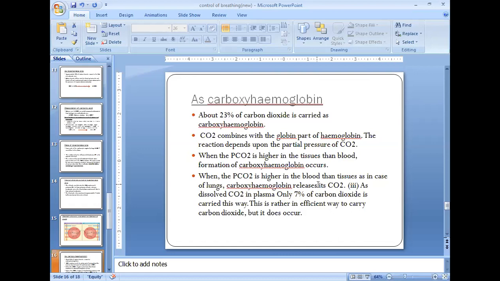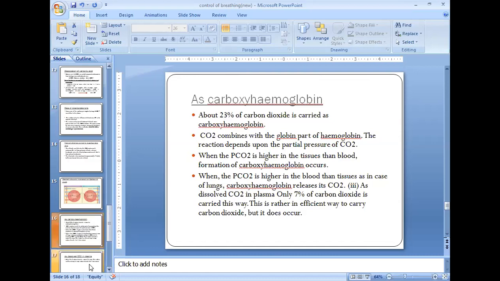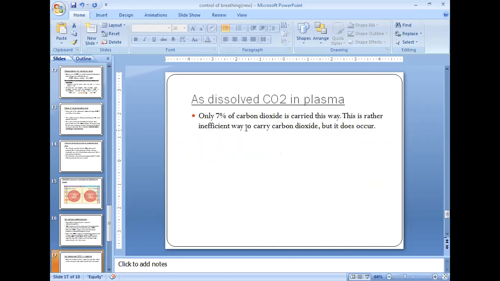But when carbon dioxide level is higher in the tissues than blood, then formation of carboxyhemoglobin occurs. Next is dissolved plasma; only 7% of carbon dioxide is carried in this way. This is a rather inefficient way to carry carbon dioxide, but it does occur.